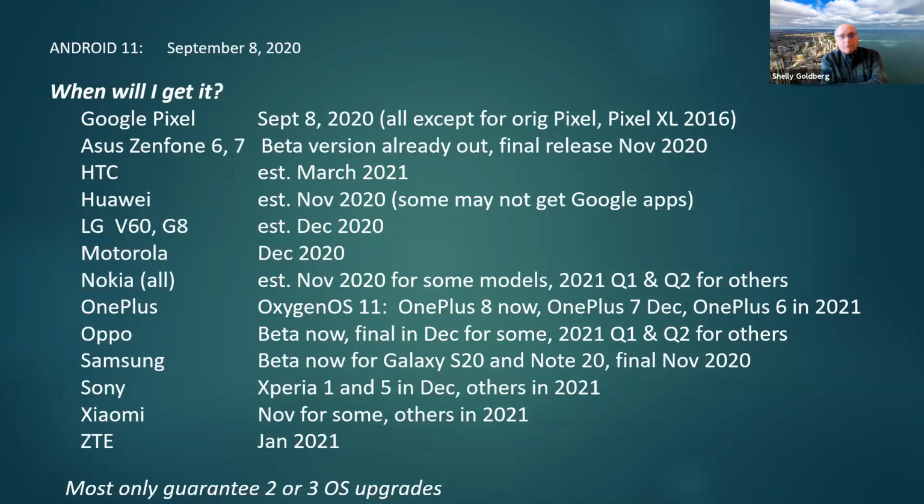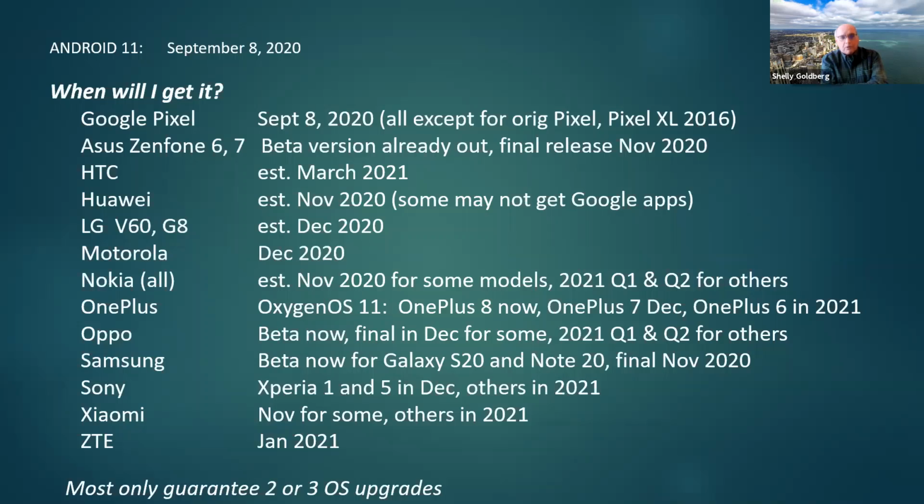LG, the V60 and the G8, their newest phones, you can expect to get these probably next month, possibly even sooner. Motorola next month. Nokia is expected for some models this month, and the rest will come in the first and second quarter of 2021.